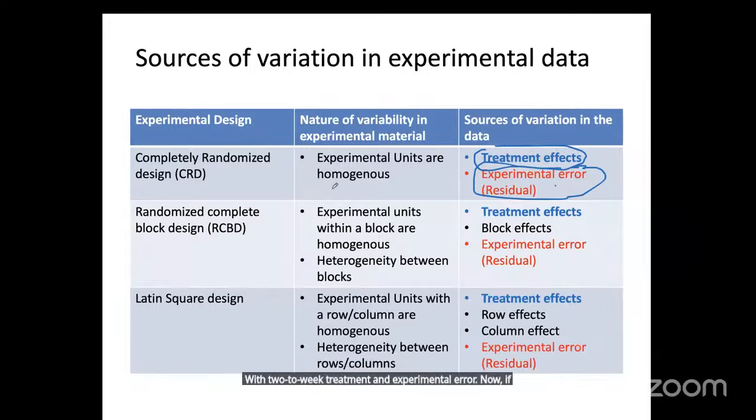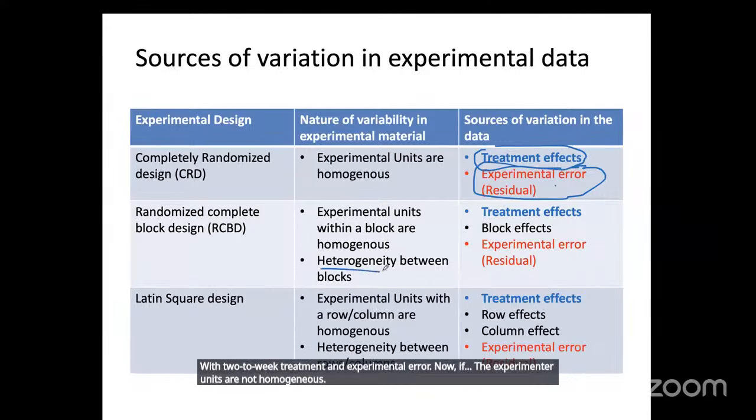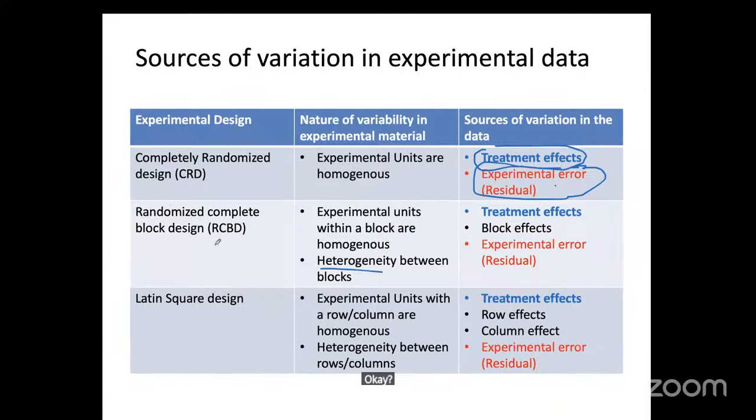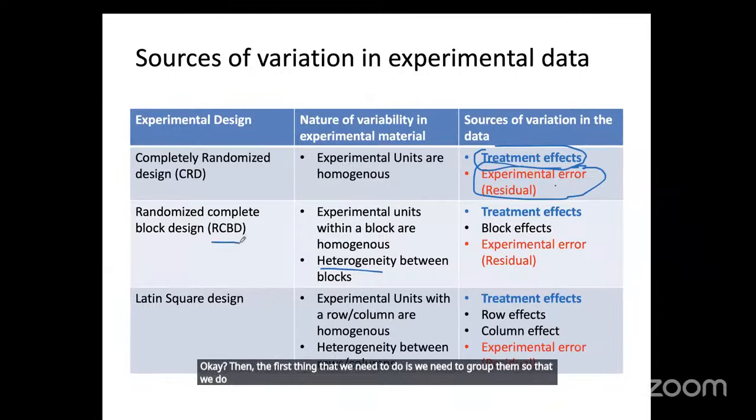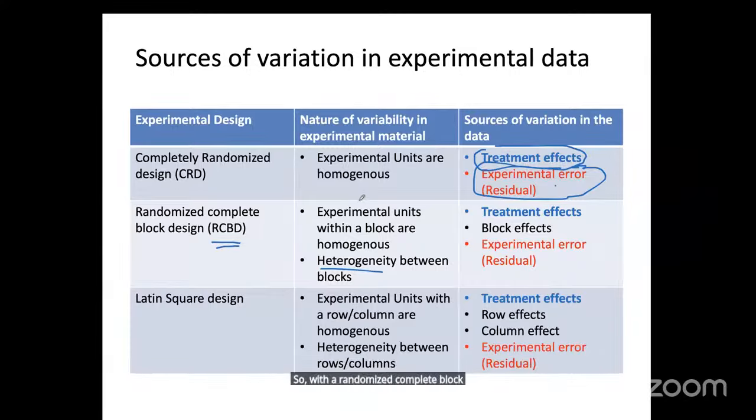Now, if the experimental units are not homogeneous, okay, then the first thing that we need to do is group them so that we do what is called a randomized complete block design. With a randomized complete block design, the experimental units within the block are supposed to be uniform, but between the blocks, they're different.